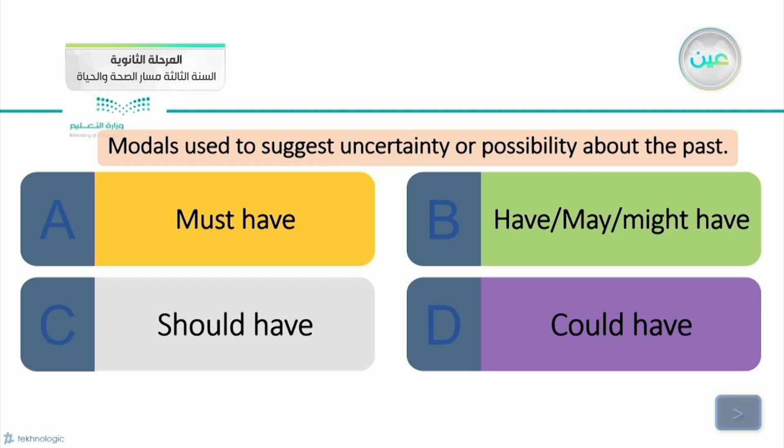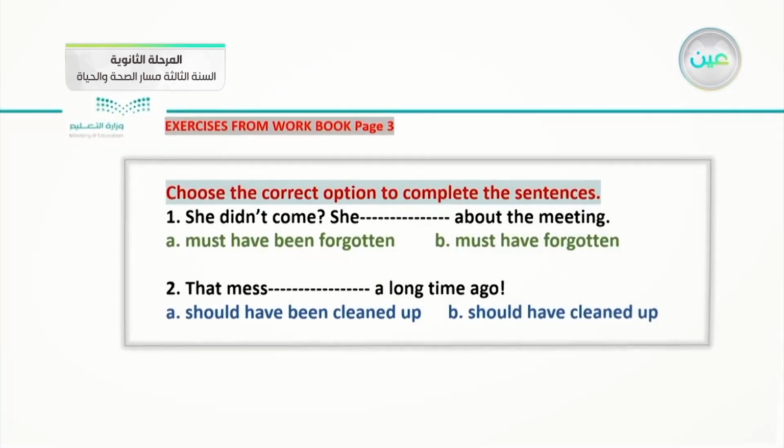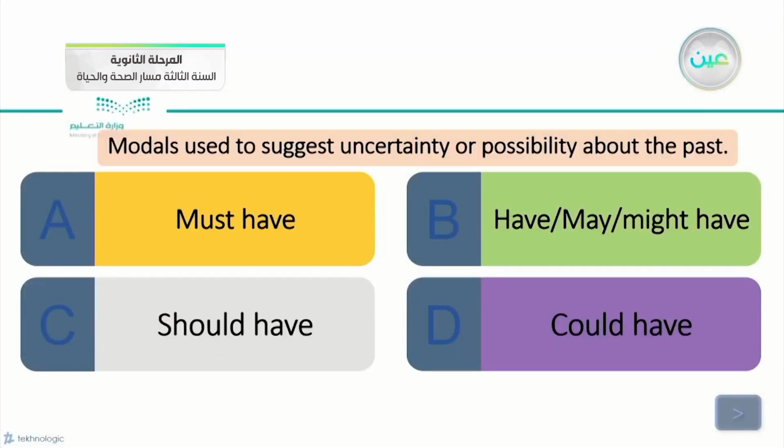So we think that must, we can use it for conclusions about the past. Should have, we can use it for mistakes. And could have, we can use it in two ways, as I discussed before. And the right one is the answer, may or might have.